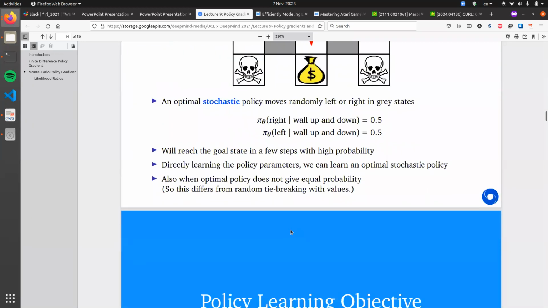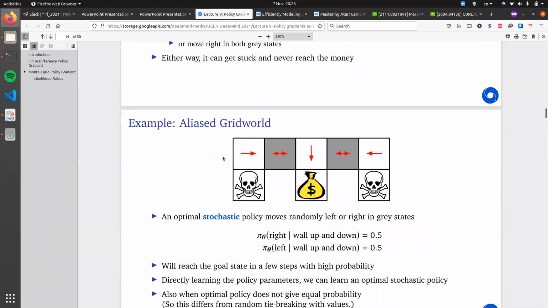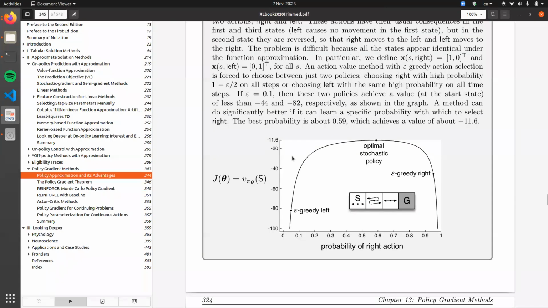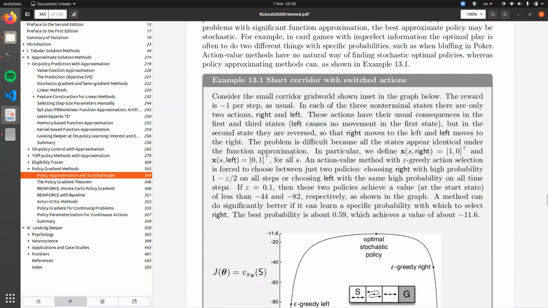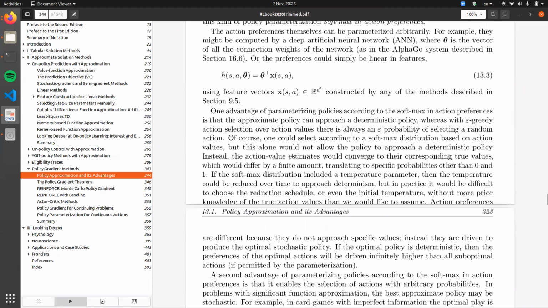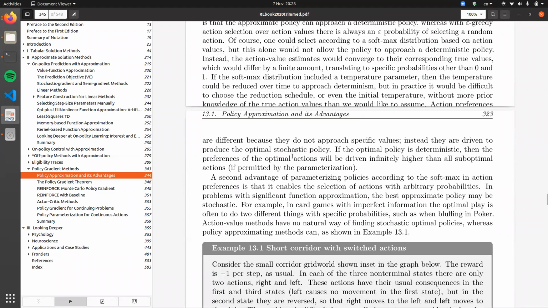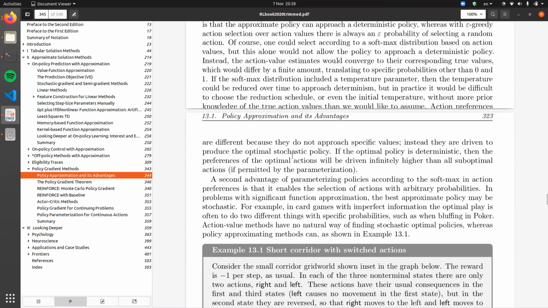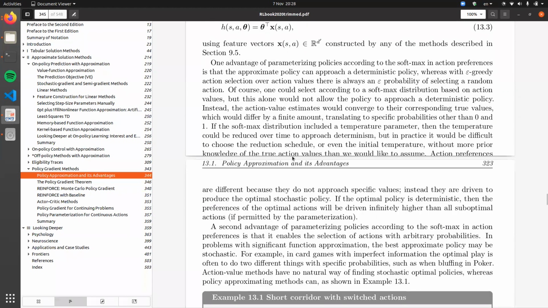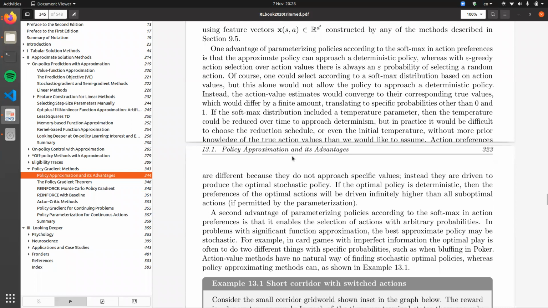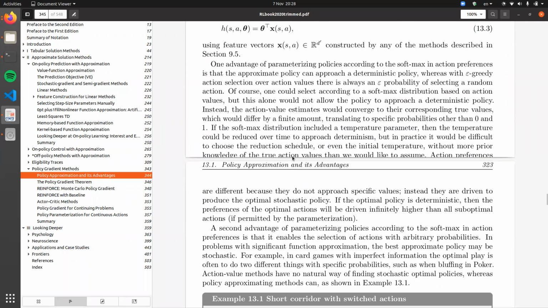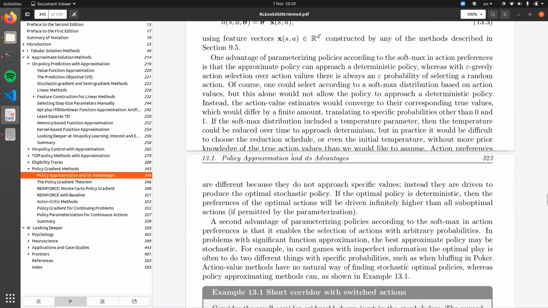So I hope these two examples illustrate the benefits of having a parameterized policy over having a greedy or epsilon-greedy policy, a policy determined by relying on the contrast between the state values rather than the policy itself.